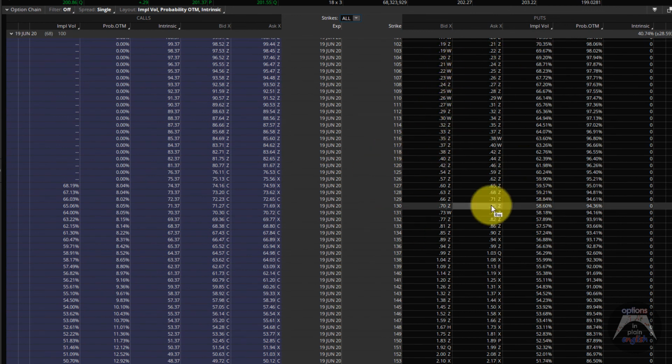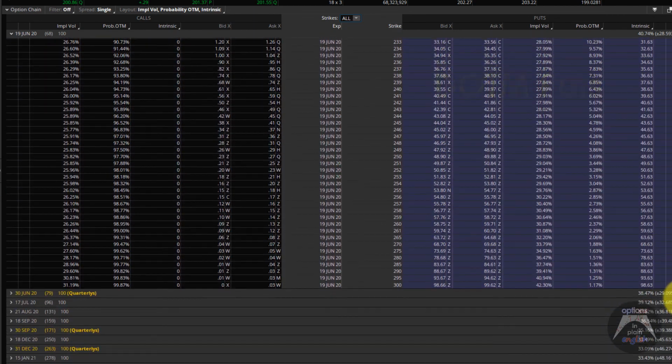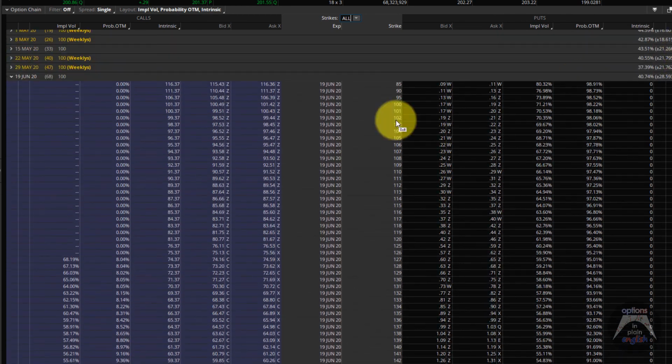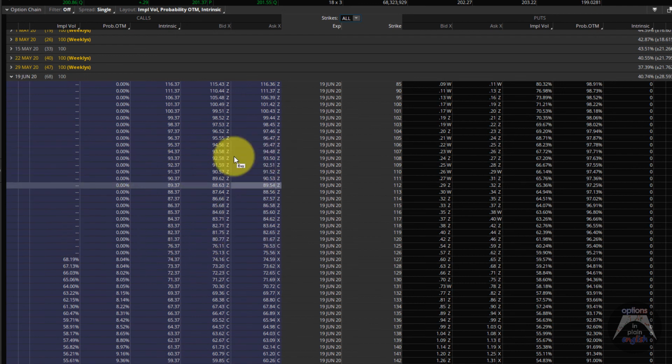These ones would be called deep out of the money puts. These ones would be called deep in the money puts. These ones would be deep out of the money calls, and these ones would be called deep in the money calls.